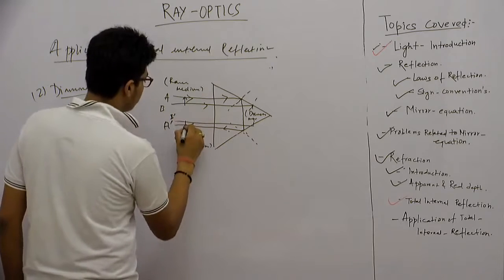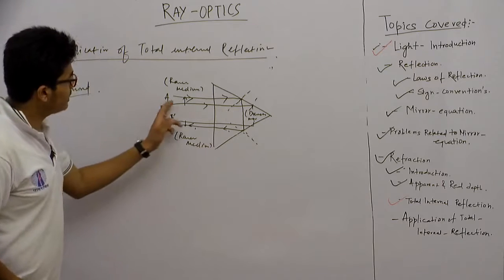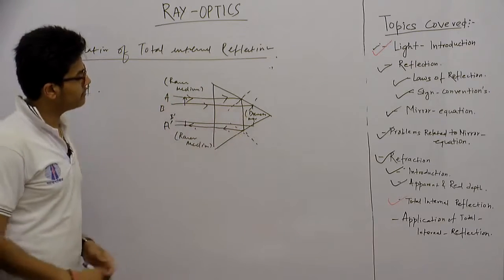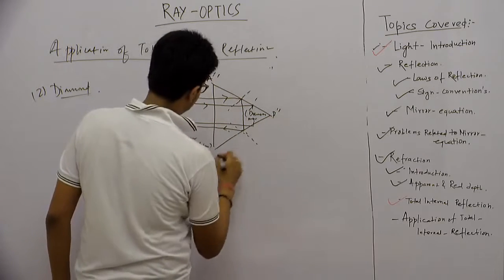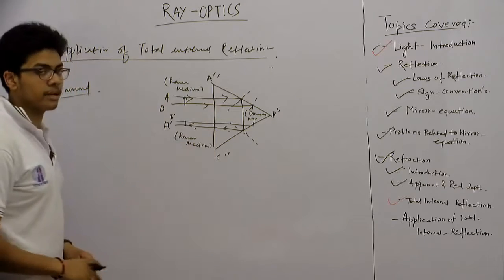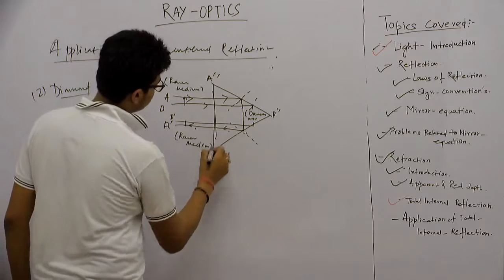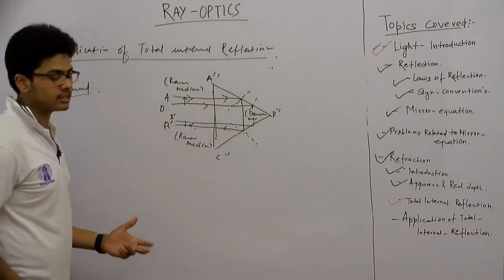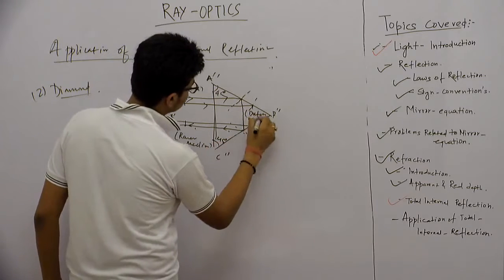So this would be the case of diamond, in which the light travels from rarer medium to denser medium. Suppose it is A dash, A double dash, B double dash, and C double dash. The shape of the triangle is in the form of a diamond. So finally we can see that due to total internal reflection, suppose this angle is 45, this angle is 45, this angle is 90 degrees.